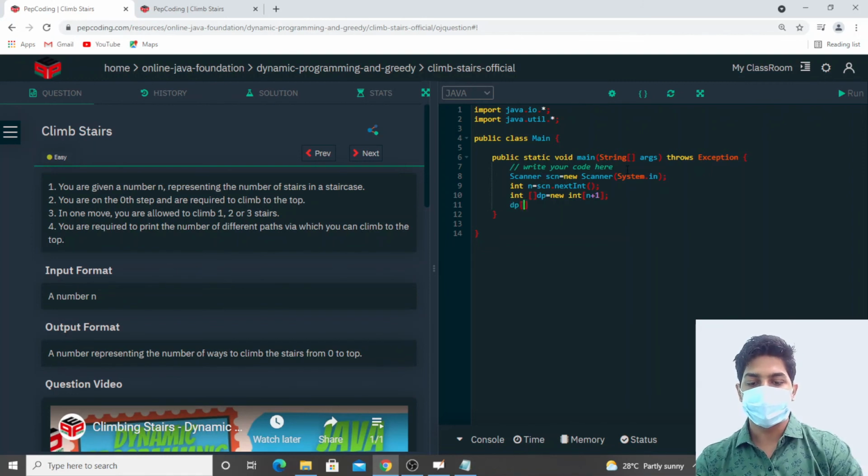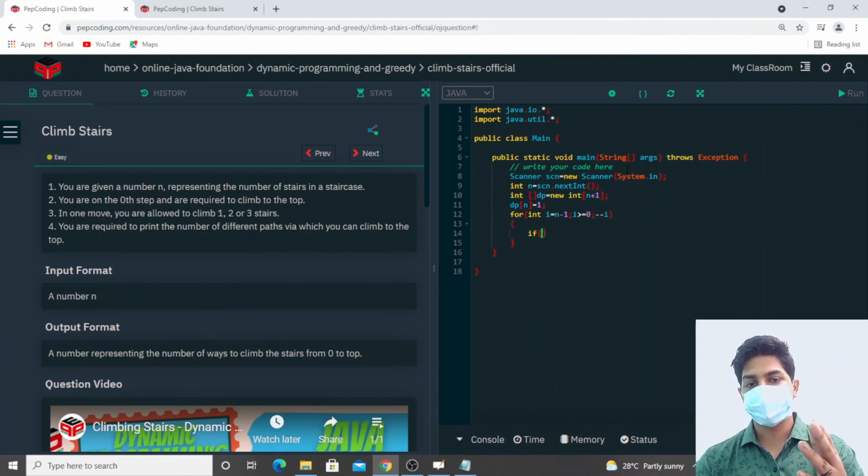I have already told you that the number of ways to reach the destination from the destination is only 1, that is to stay there. So dp of n is 1. Now we'll make a for loop from the second last stair to the 0th stair and calculate the answer.